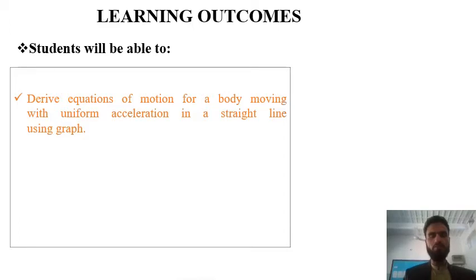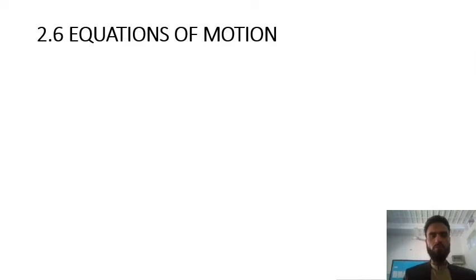But the motion will be uniformly accelerated and should be along a straight line. These are two basic assumptions which will be considered while deriving the equations of motion. So moving forward, what are the equations of motion?